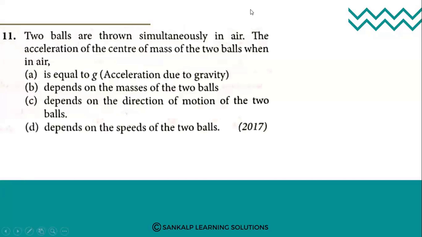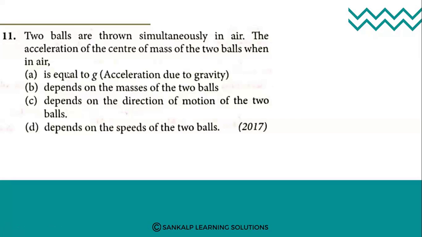Next question, students. Two balls are thrown simultaneously in air. The acceleration of the center of mass of the two balls when in air is equal to: the acceleration due to gravity, depends on the masses of the two balls, depends on the direction of the motion of the two balls, or depends on the speeds of the two balls.